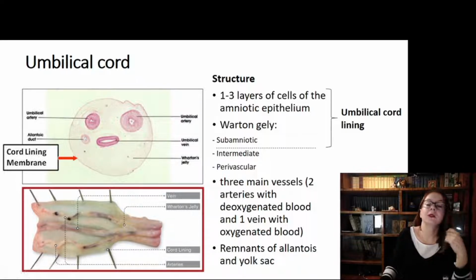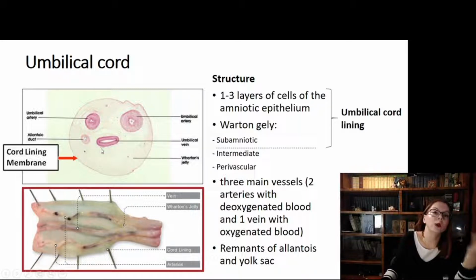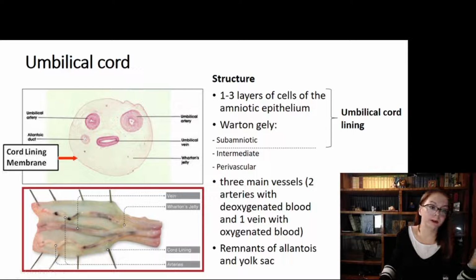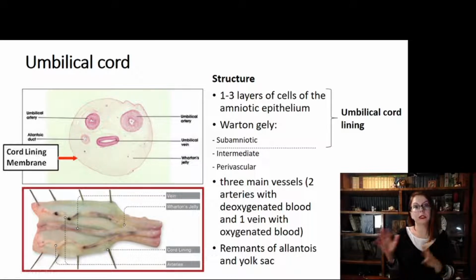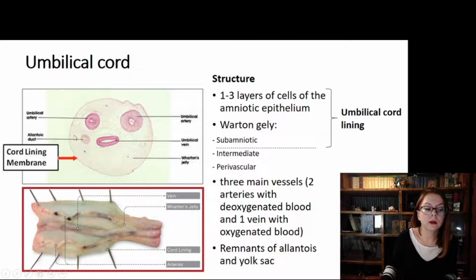And everything's even more complicated because arteries carry deoxygenated blood from the fetus, while the vein carries oxygenated blood to the fetus. Okay, and that's what we are going to discuss later. What can we find in the umbilical cord except vessels? Also, the remnant of allantois is present.